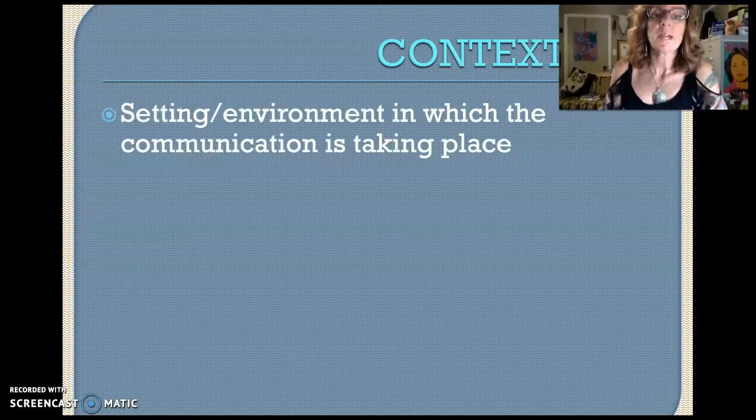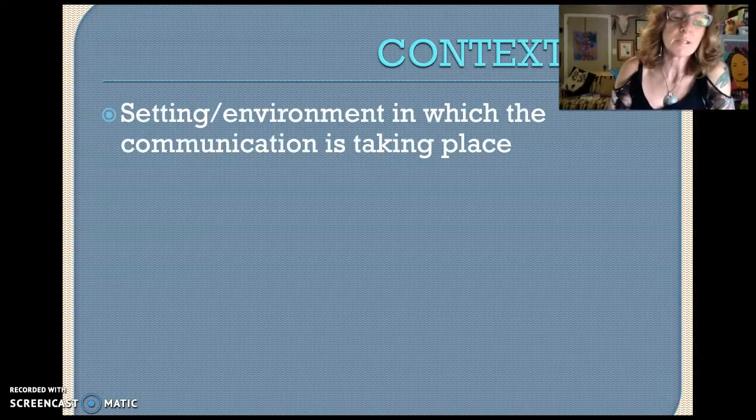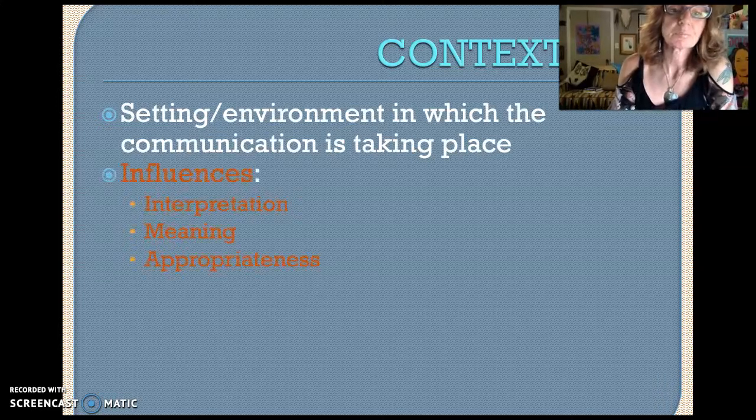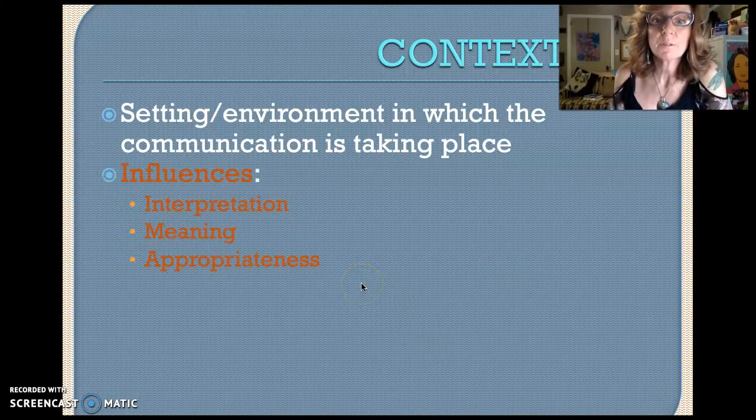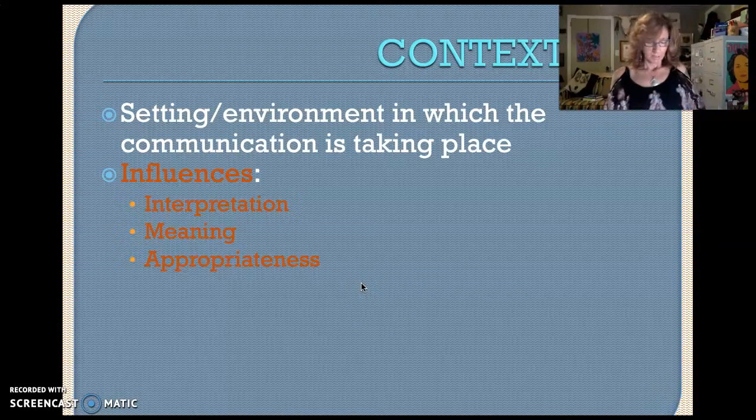Context has a lot to do with how we understand what things mean, right? It's the setting or environment in which communication is taking place, and it influences how we interpret what's being said, the meaning of what's being said, and the appropriateness of what's being said.